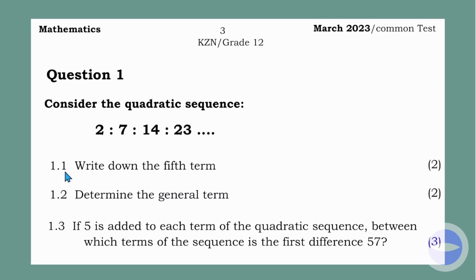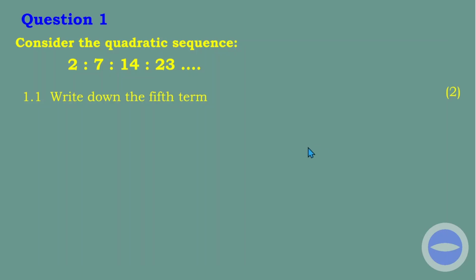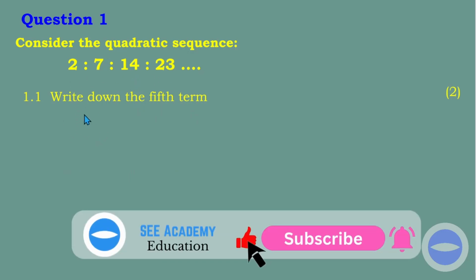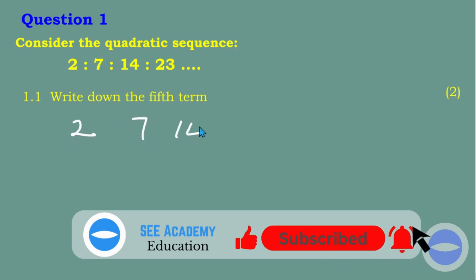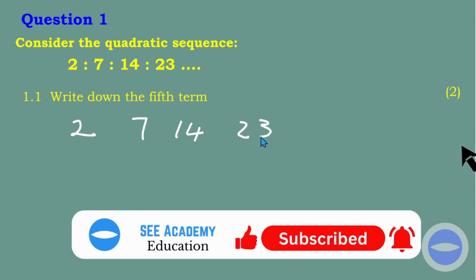So 1.1, write down the fifth term of the sequence. This is the slide where I will be working on 1.1. To write the fifth term, let me copy the sequence first. The sequence goes like 2, 7, 14, 23.